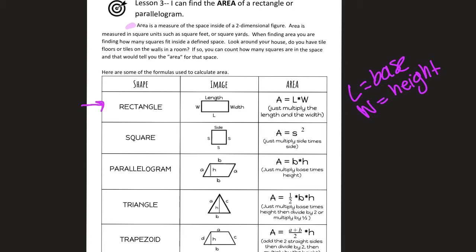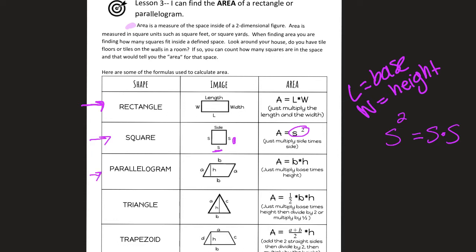Okay. For a square, you just do the same thing. You take the side times the side, or the side squared. So that little 2 in the top corner just means I take the side times the side.